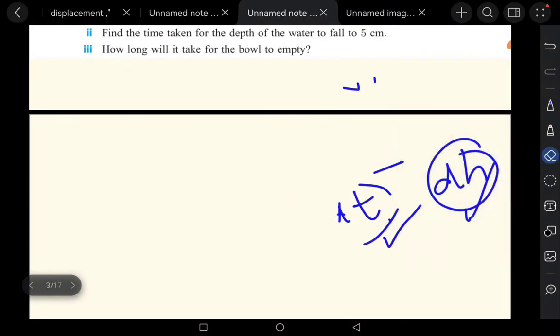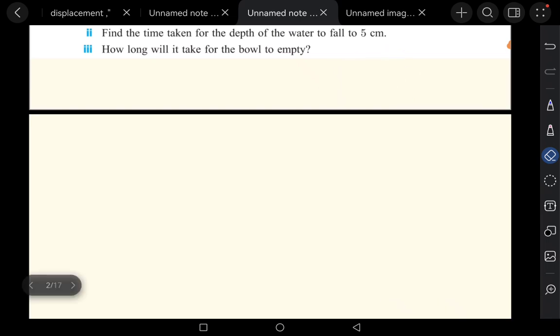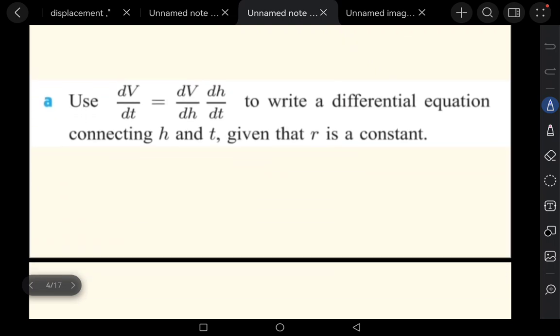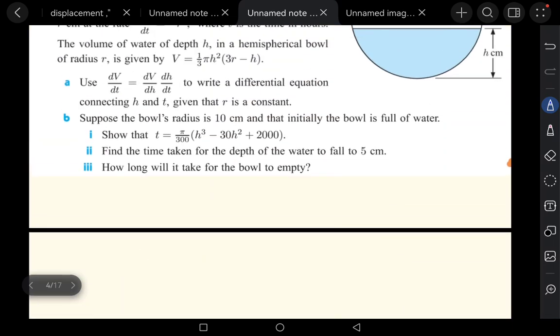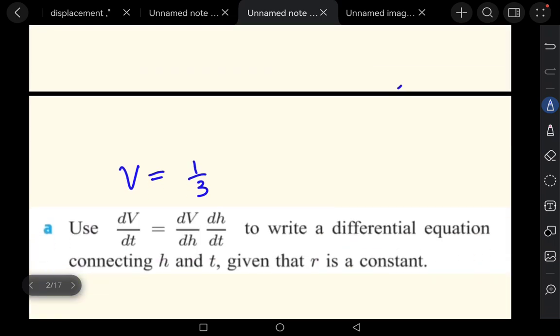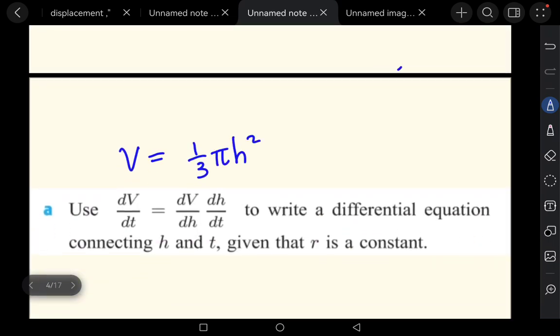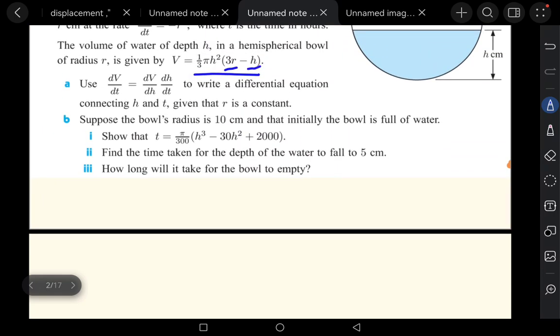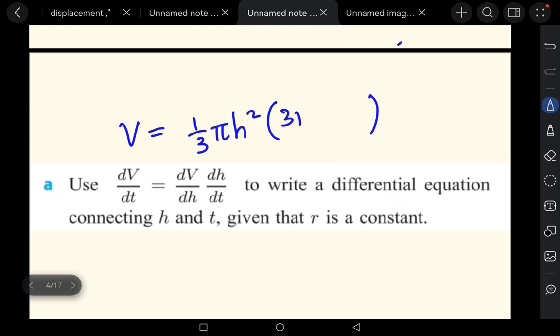Clean this first. Okay, let's do it. So A, I'm gonna use here. So if you have volume equals to 1/3, what is that? Check again. 1/3 pi h square, brackets, parenthesis, 3r minus h. Okay, so before you derivate this respect to the variable h, that's the questions.